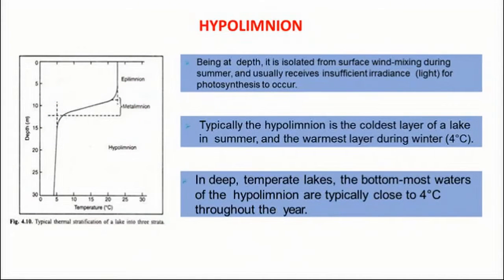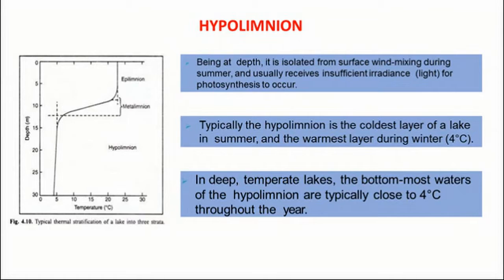Now the last one is the hypolimnion. Being at depth, it is isolated from surface wind mixing during summer and usually receives insufficient irradiation, or you can say light, for photosynthesis to occur.